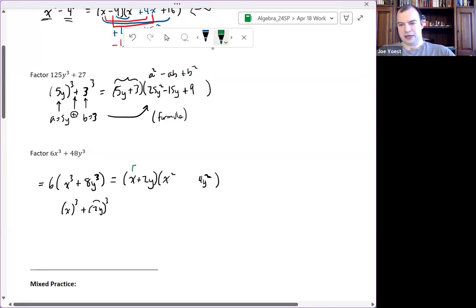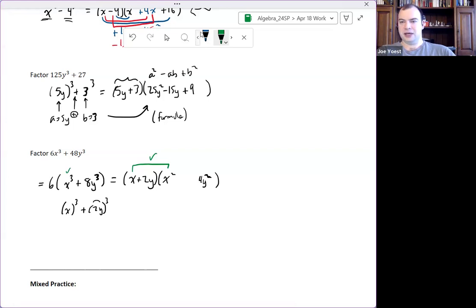And just like before, the x times x squared gives me the x cubed. That was, oops, I forgot to bring along my 6. So make sure you bring along your 6, your factor out in front. Jumped the gun there a little bit. But so bring along that 6. My x times x squared gives me the x cubed. That's a piece that I want to keep. My 2y times 4y squared gives me the 8y cubed.